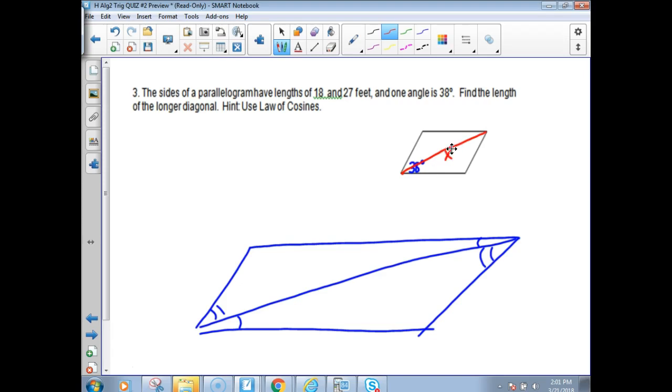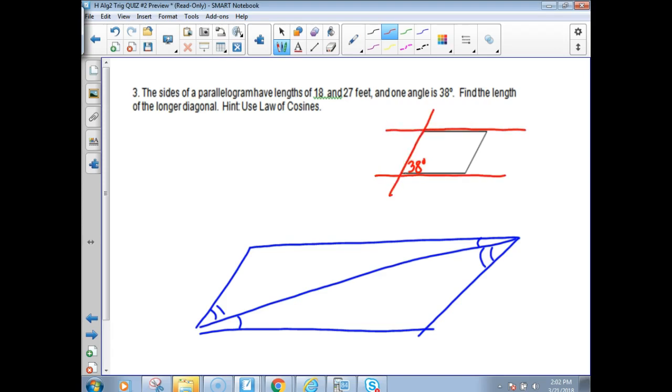We want to find this. We got to get this angle right here, guys, if we're going to use law of cosines. So, back to the beginning. If this is 38, let's find the rest of the angles. What's the relationship between these?